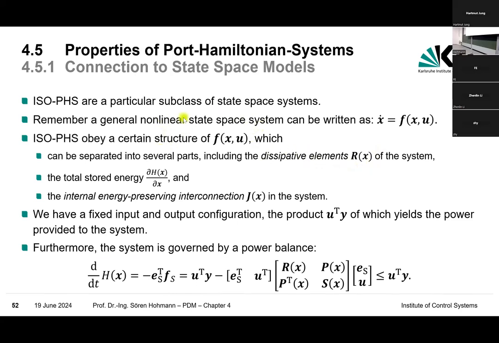One, the input state output port-Hamiltonian systems, ISO PHS, are a particular subclass of state space systems. Why? Because we have the combination of input and output in such a way that they always produce power. This must not be the case for a state space system.